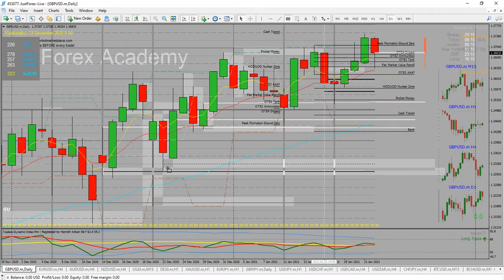Let me show with the rectangle again where they used the candle. And this candle raided this swing so that the market could go higher. Then they used the body of the candle to take out the liquidity from this swing low, then going up.